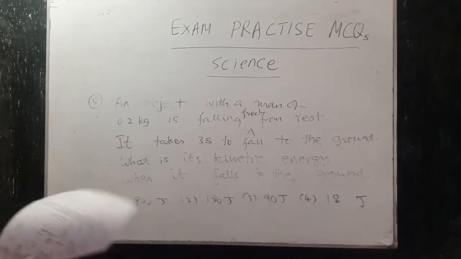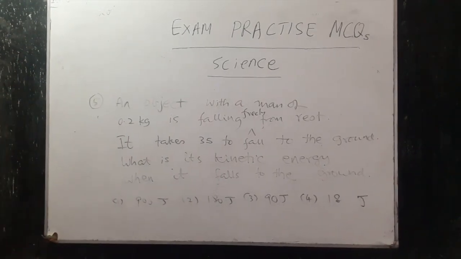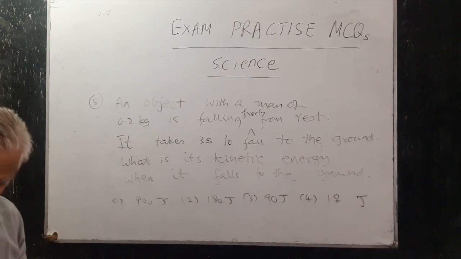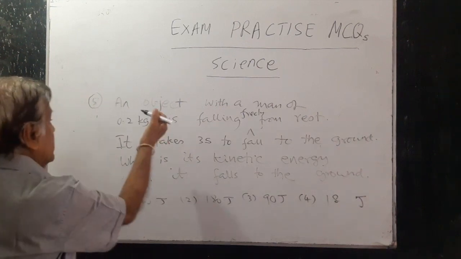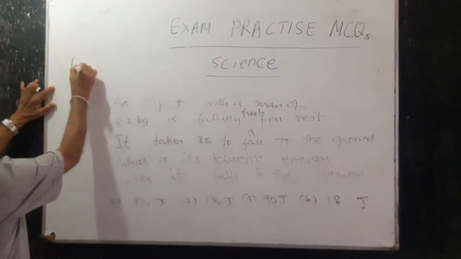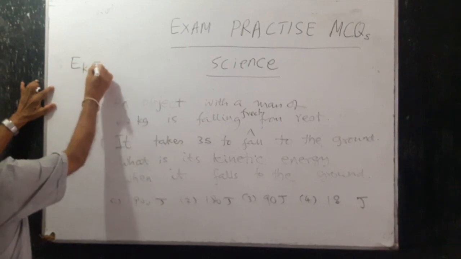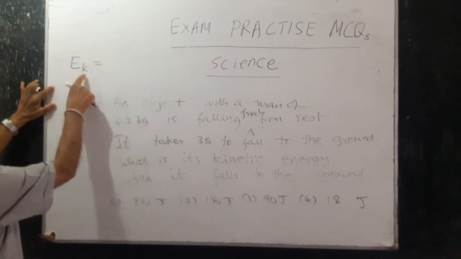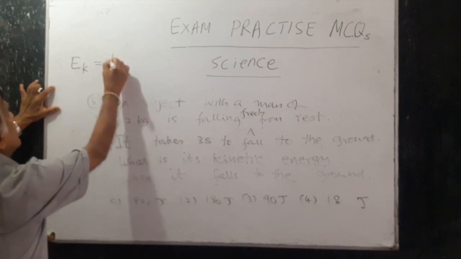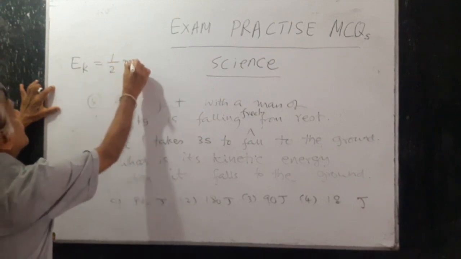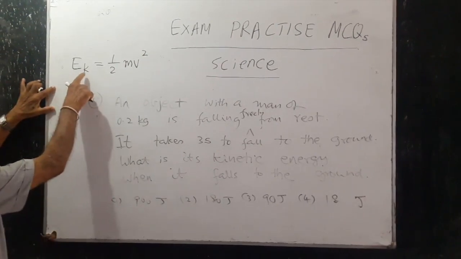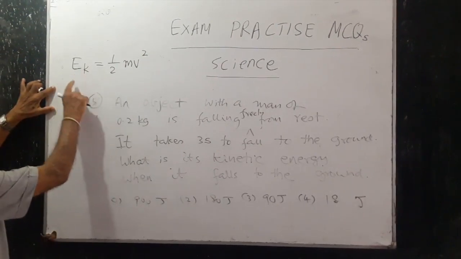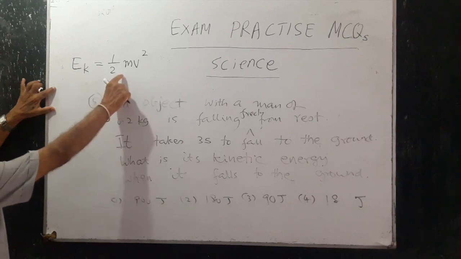Now, you have to write the equation for this first. EK, meaning kinetic energy, is equal to half mv squared. Kinetic energy can be calculated by using this equation.